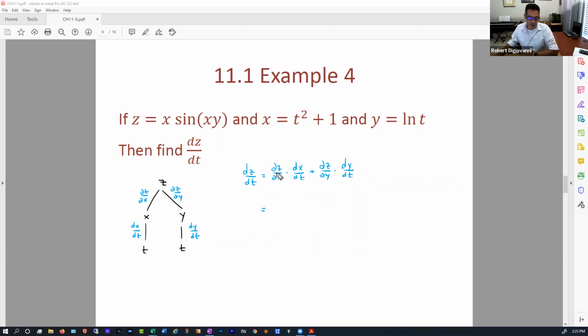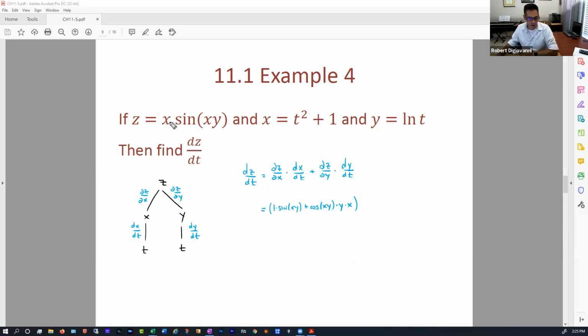So I start out by saying, what's the partial of z with respect to x? We did that in the previous example, didn't we? It would be, I'm just going to put in parentheses, 1 times sine of xy plus cosine of xy times y times x.